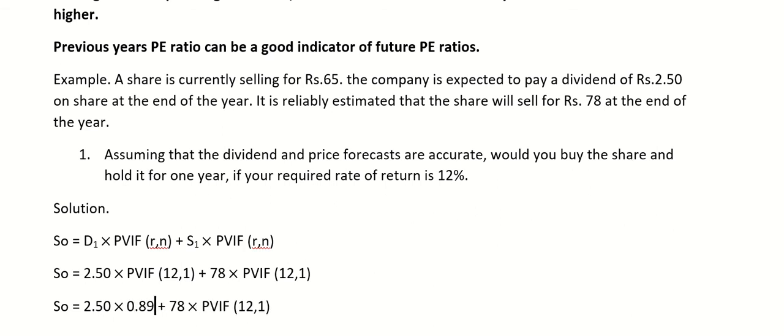This value would remain the same here also, because the holding period is just 1 year. We will just calculate it. 2.50 into 0.8929 is 2.23.